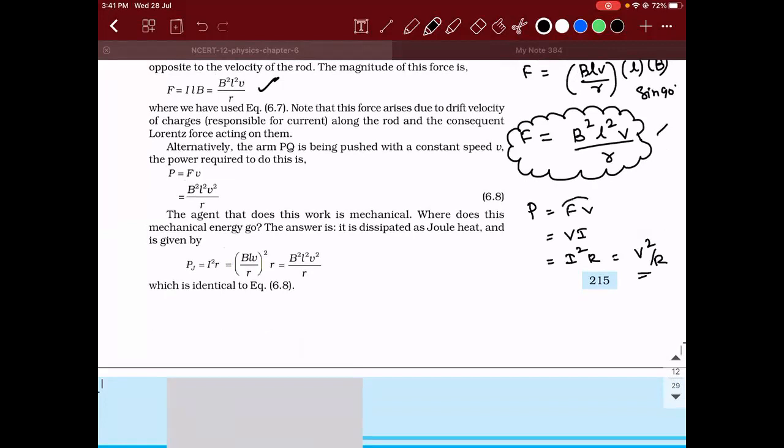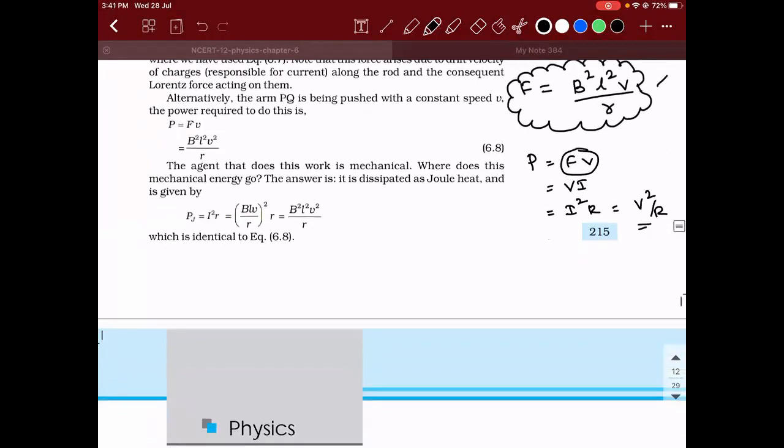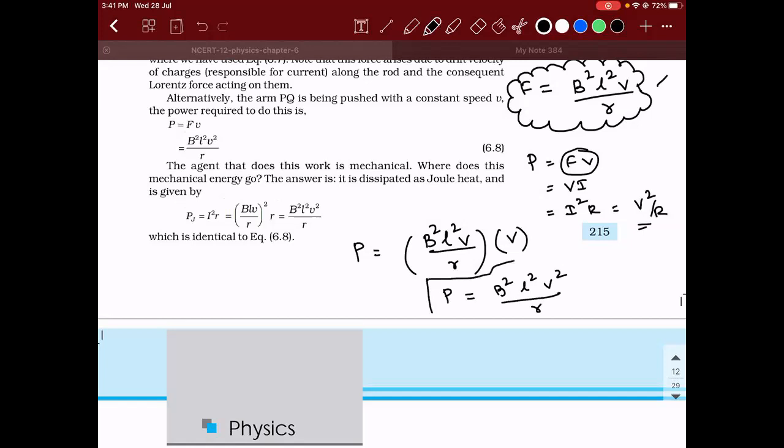Since in the textbook they have used F into V, I will go with it. So power is equal to F, which is B square L square V the whole divided by R, into the speed with which it is moving, V. So it will be B square L square V square the whole divided by R. That is going to be the power.